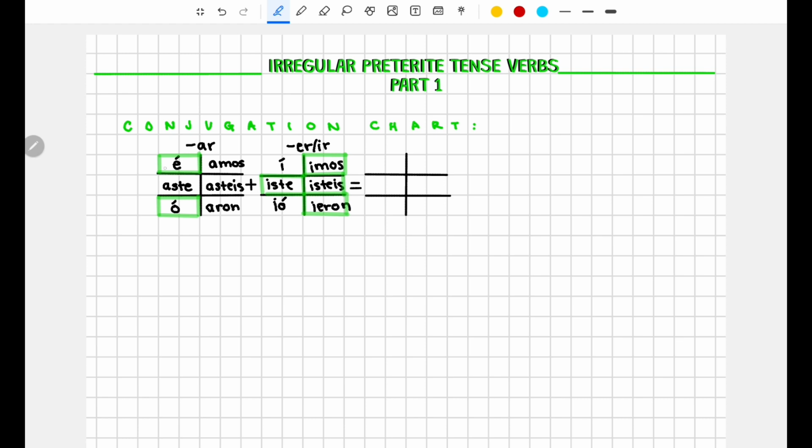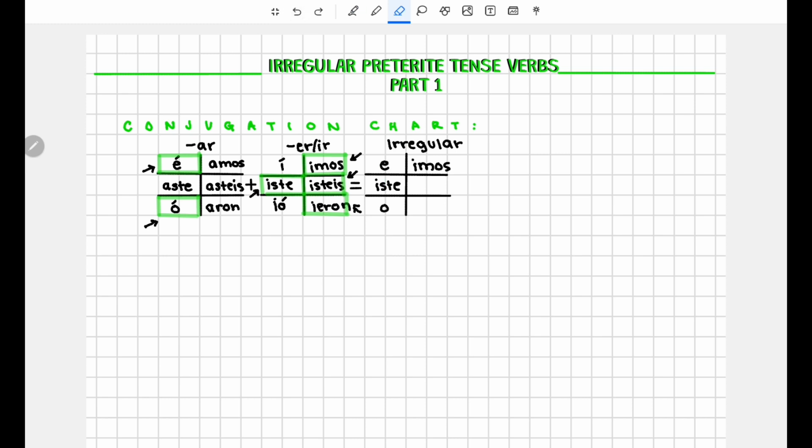We have e, iste, o, imos, isteis, ieron. Alright, let's write that out. We have e, iste, o, imos, isteis, ieron.